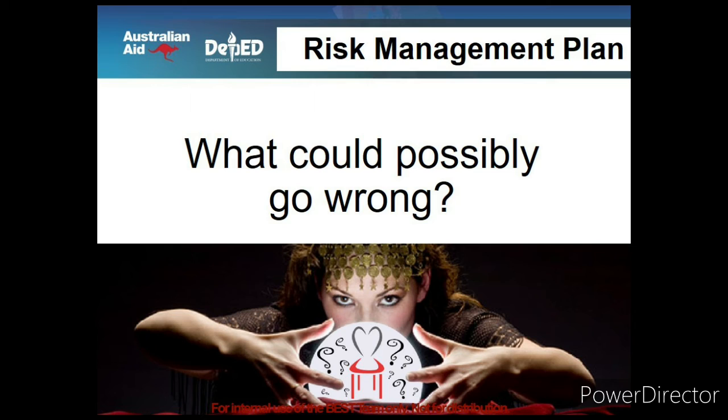A risk management plan is a document that a project manager prepares to foresee risk, estimate impacts, and define responses to risk. A risk is an uncertain event or condition that if it occurs, has a positive or negative effect on a project's objectives.